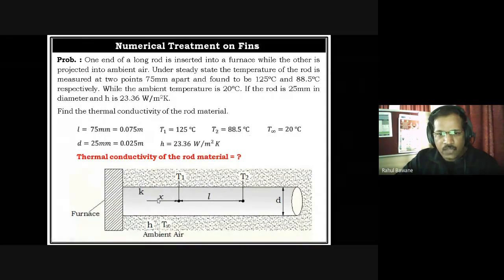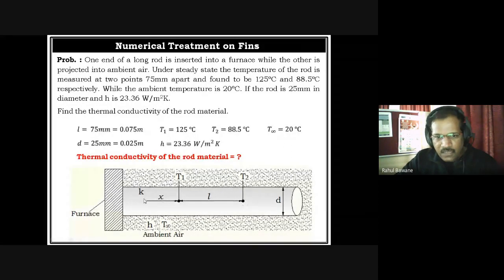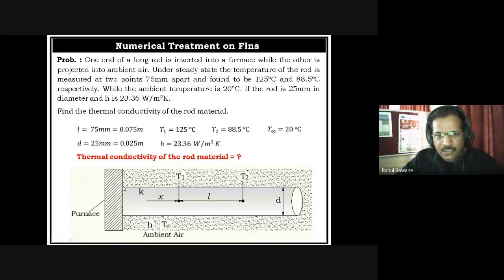And we have to find out the thermal conductivity of this rod. That means when heat is transferred from first point to second point, definitely the temperature will reduce. Highest temperature will be observed at the base of the fin where it is attached to the furnace wall. Lowest temperature at the tip.